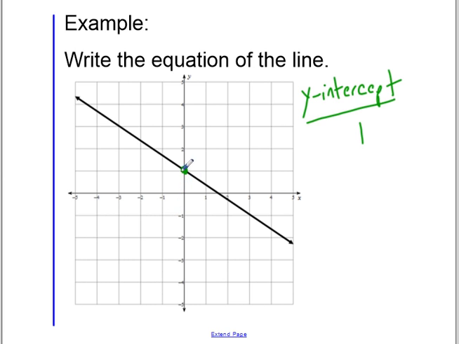So in this problem, I want to go from this point over to this point, because that's the next point along the line that actually hits a good spot on the grid. So we're going to count down 1, 2, run 1, 2, 3. So that's down 2, negative 2, run 3, it's to the right, so it's positive.